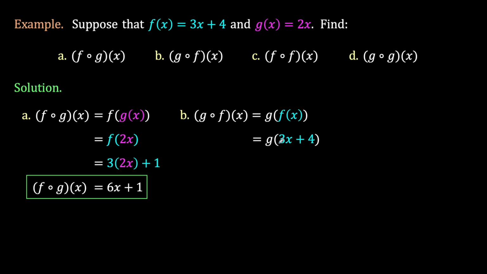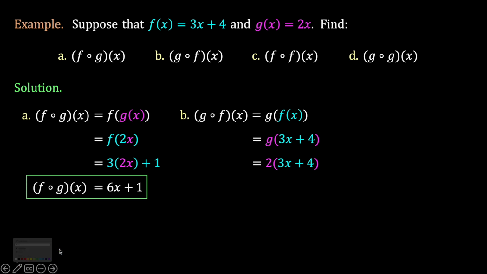Next is to evaluate g of 3x plus 4. By doing that, let's have g as purple. Now, g is 2x, but our input is 3x plus 4. That is why we have 2 times the quantity of 3x plus 4.